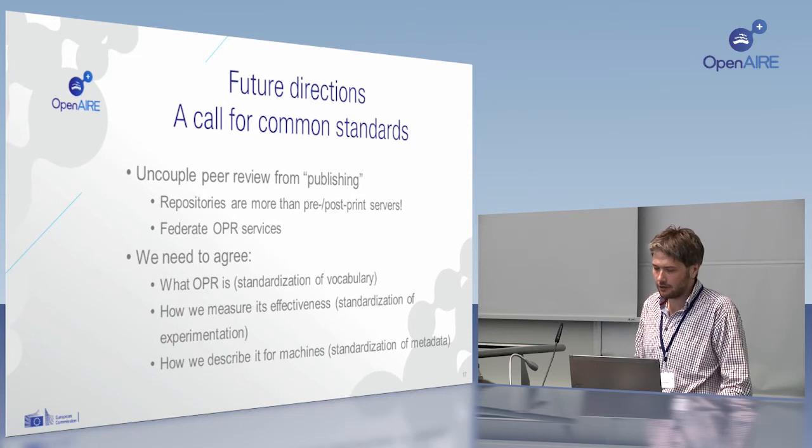We need to agree, and so we need standardization. Like I said, we need to agree what we're talking about when we're talking about open peer review, and we need to agree what models we're talking about. It would be great if we could agree how we measure the effectiveness of open peer review.